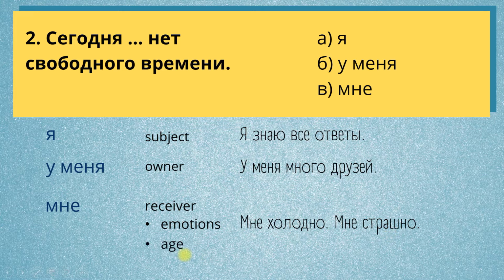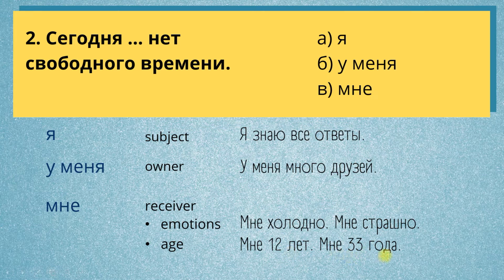About the age, yeah, quite a strange construction, but the idea is that you actually receive the years from God, destiny, from nature. You're a receiver of those years that you already have. Мне 12 лет. I received 12 years of life.